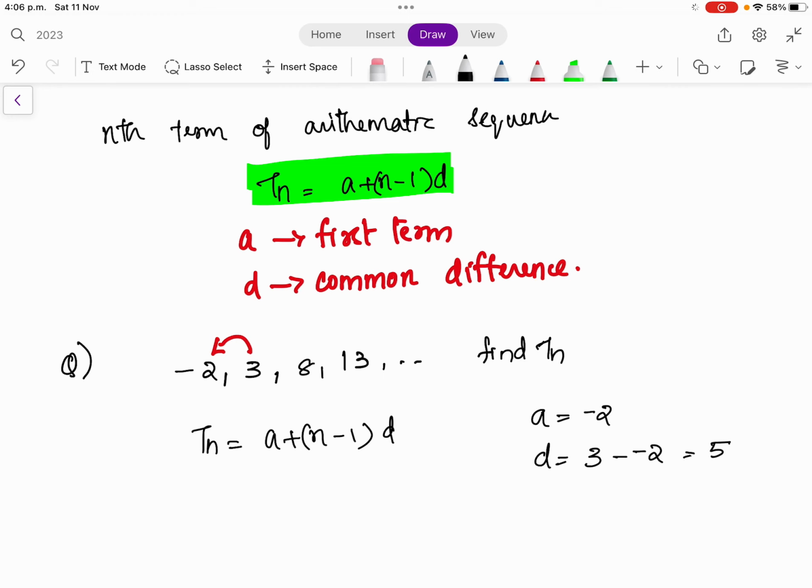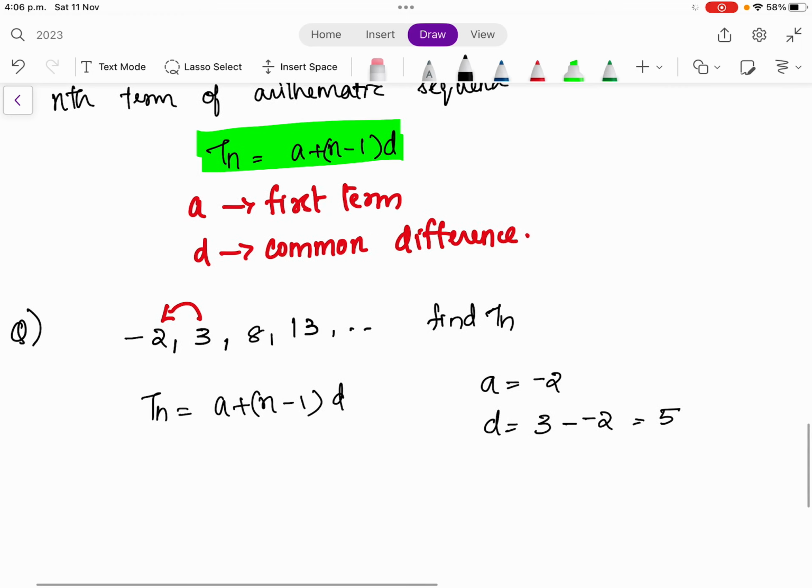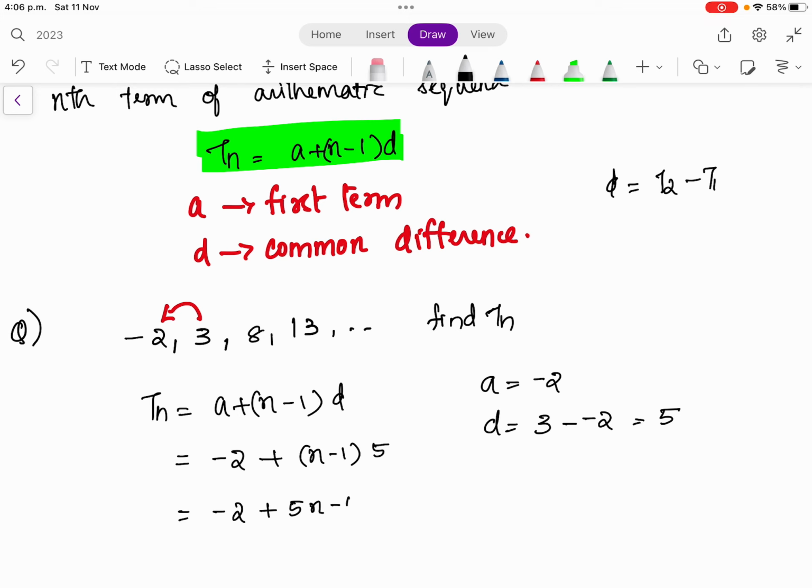So how will you find the common difference? You can do T2 minus T1 or T3 minus T2, any two consecutive terms. If you subtract them, you will get the common difference. Now if you substitute the values here, minus 2 plus n minus 1 into 5, that is equal to minus 2 plus 5n minus 5, which is 5n minus 7.